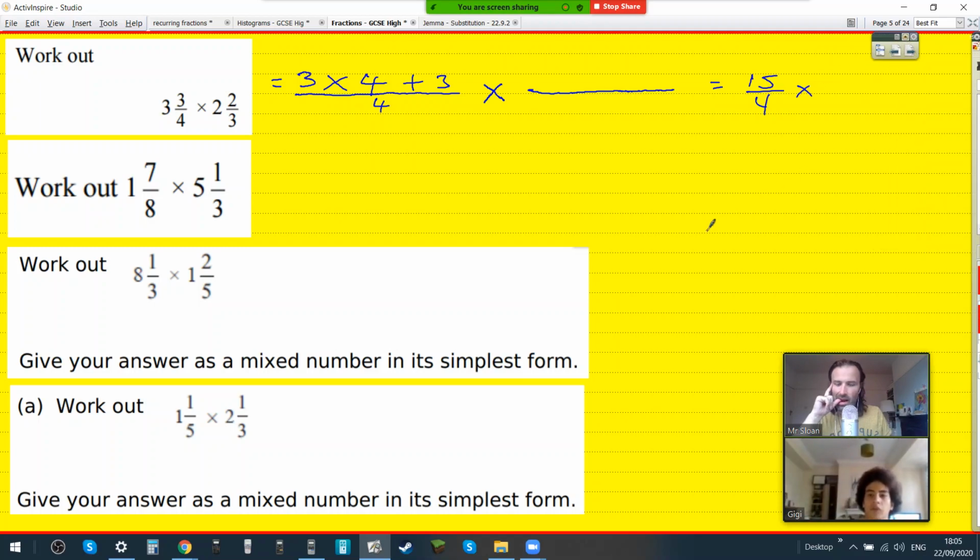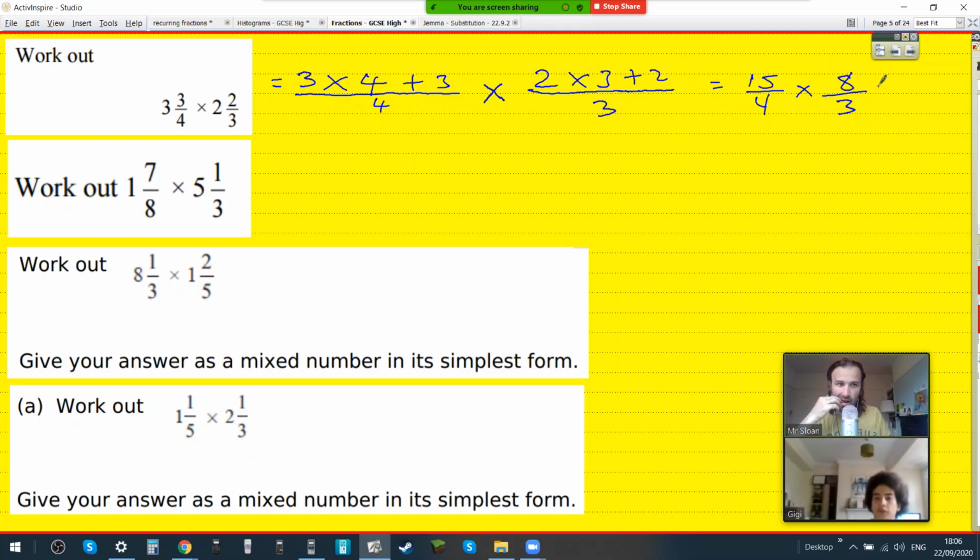And second one? It would be 8 over 3. Mm-hmm. And it would be 15 times it would be over 12.